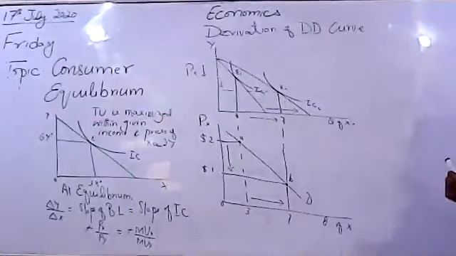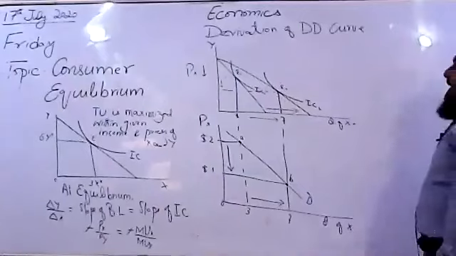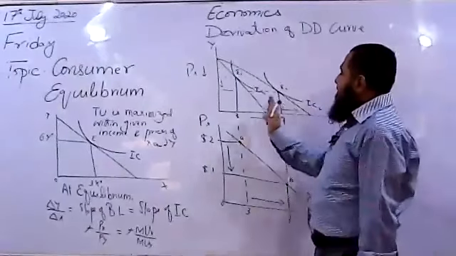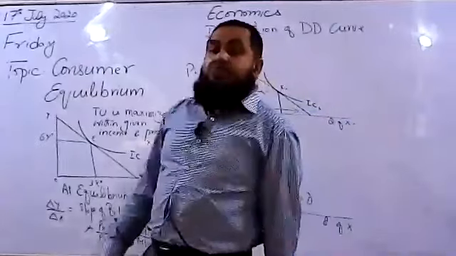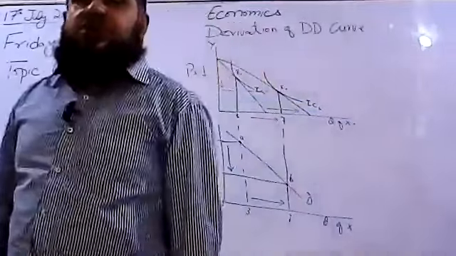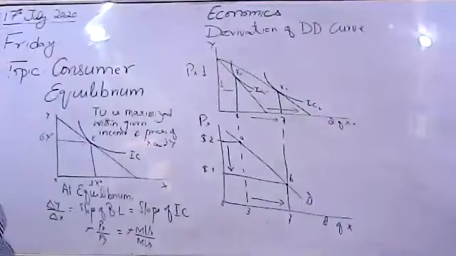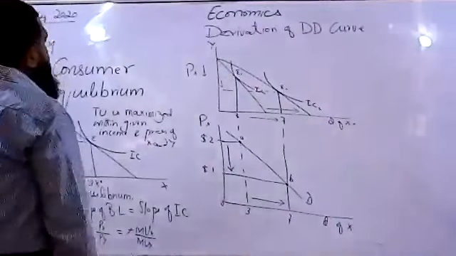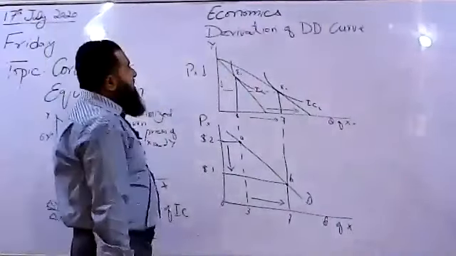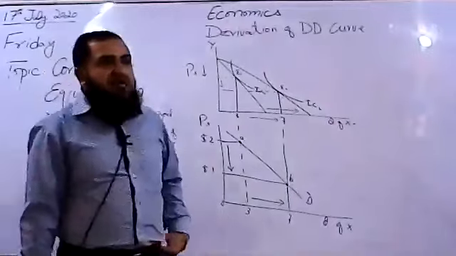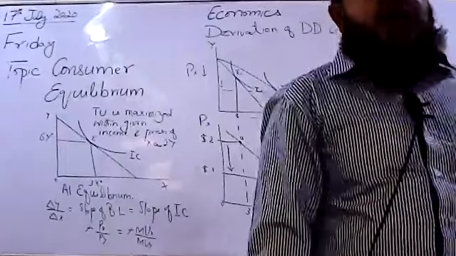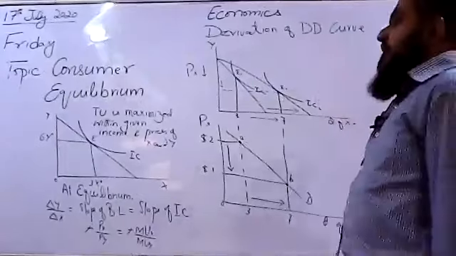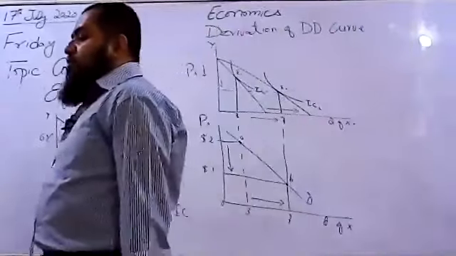The reverse is true as well: when the price of X increases, his budget line will rotate inward and the consumer will be able to buy less, therefore he is going to consume less of commodity X. So this is how we are able to derive the demand curve from this consumer analysis of the ordinal approach, or the indifference curve and budget line approach.